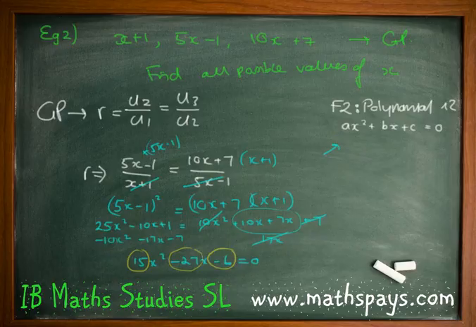Now, once you've done that, because it's a quadratic, there's a good chance you're going to have two answers, right? And in fact, we do. If we solve all of that, what we're going to come up with is x is equal to negative 1 on 5, or x is equal to 2.